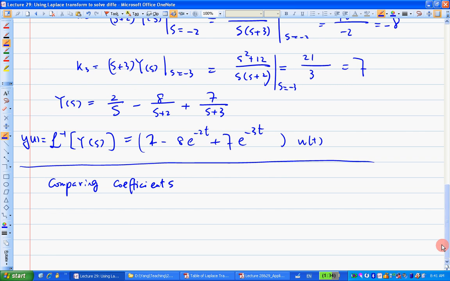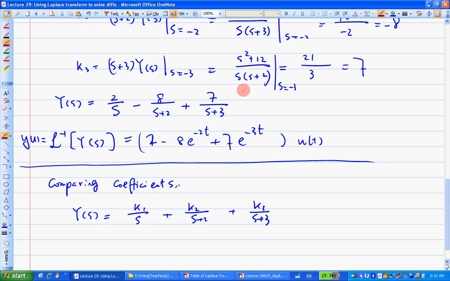If you don't remember the formula, no panic, we're going to try this approach. So with our decomposed Y of s, we still have k1 over s, k2 over s plus 2, and k3 over s plus 3. This is the decomposed Y of s, and we're trying to find k1 to k3.